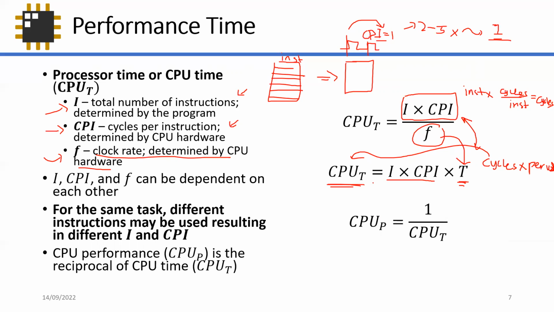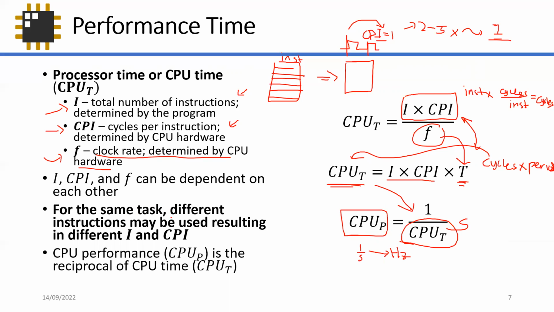Now, if you take the reciprocal of the CPU time, you get the CPU performance, right? So if this is in seconds, then the performance is in hertz, because 1 over seconds is always in hertz. That's the translation of it. You could do it this way, but I would like to stick with the CPU time because it's in seconds and much more intuitive.